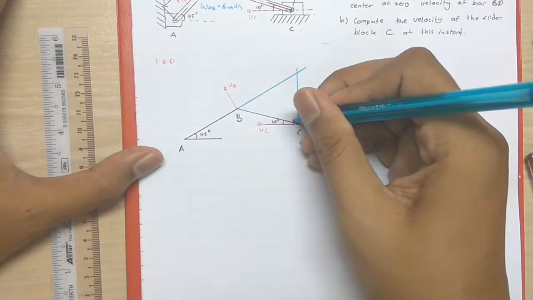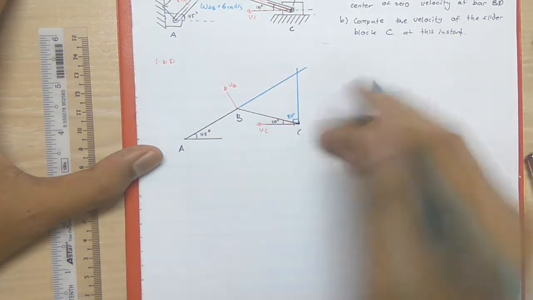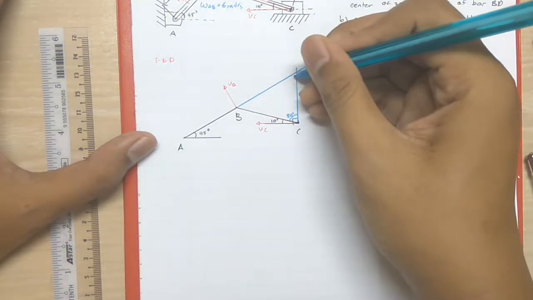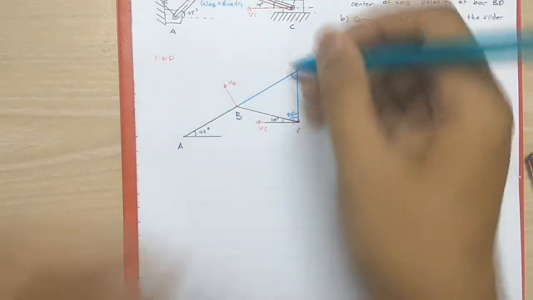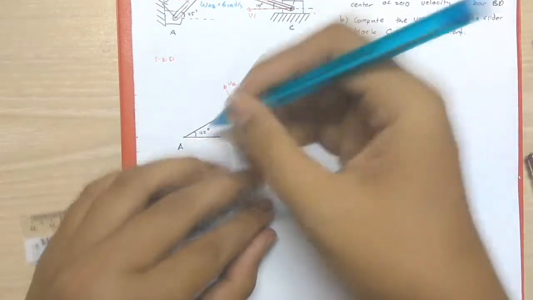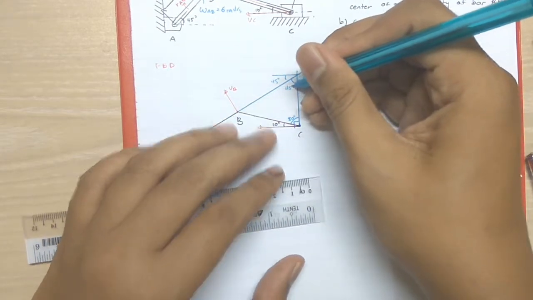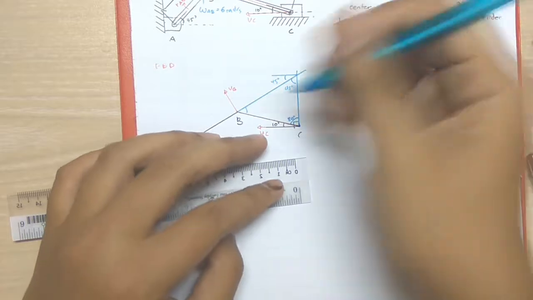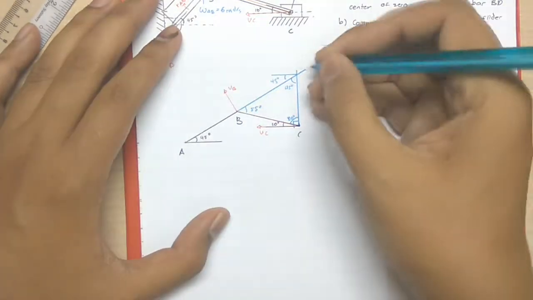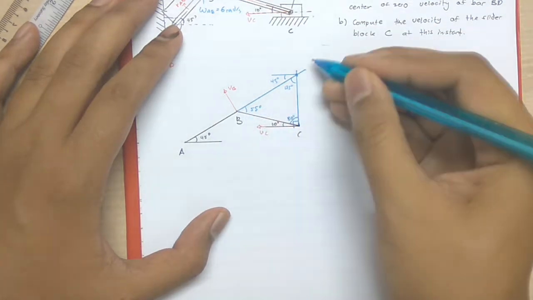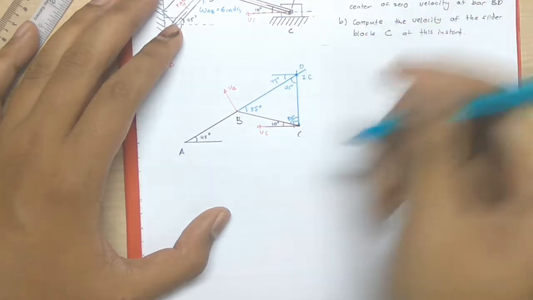So this angle is 90 minus 10, which is 80 degrees. And if this is 45, then this one is also 45, and this one becomes 55. So this point here is the IC. This point is D.